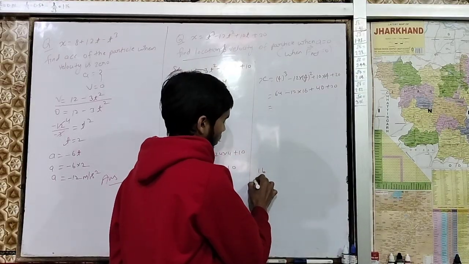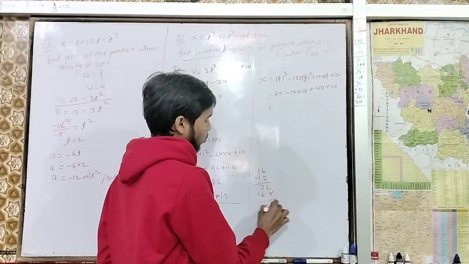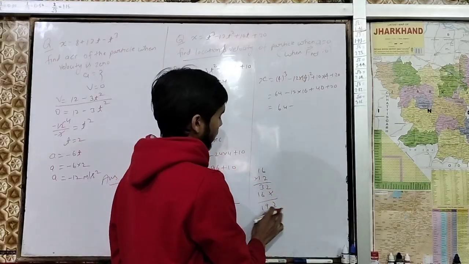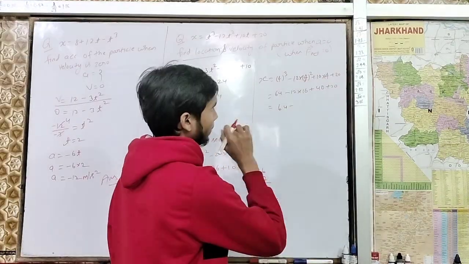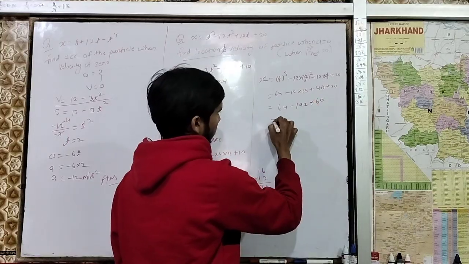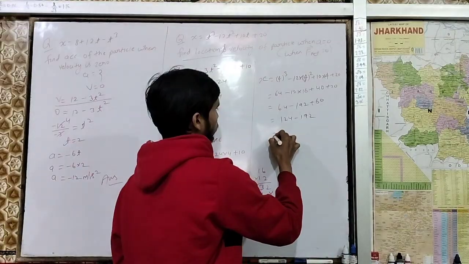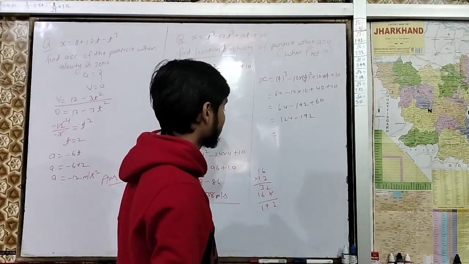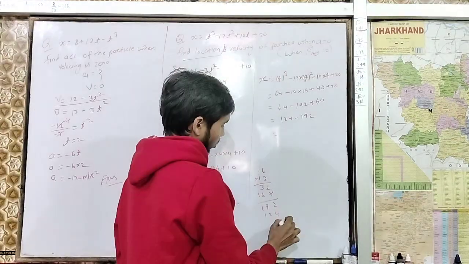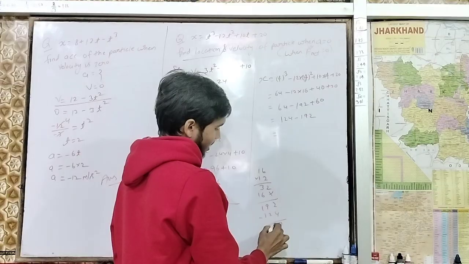16 12, 192, and 60, 124 minus 192. So x is coming as minus 68.